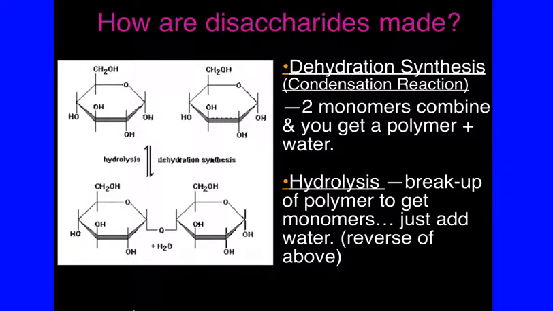So you see right here, let me turn my pen on, change that color. We have an OH here, and we have an OH here, and these 2 molecules are separated. But if we take this OH and that H, that's 2 H's and an oxygen, we're going to form water.